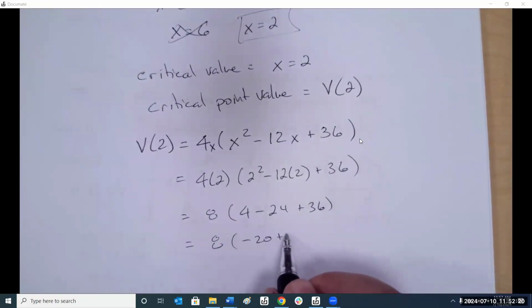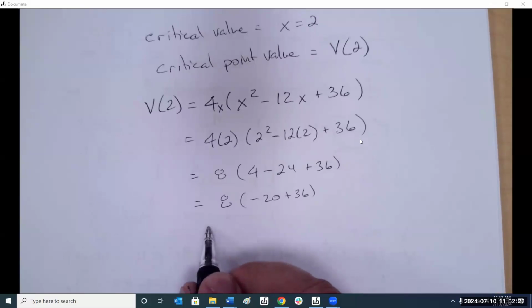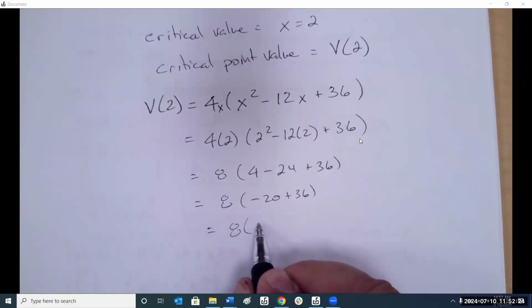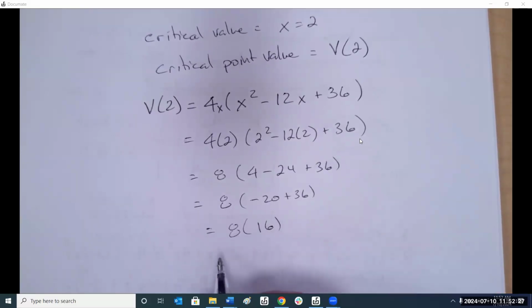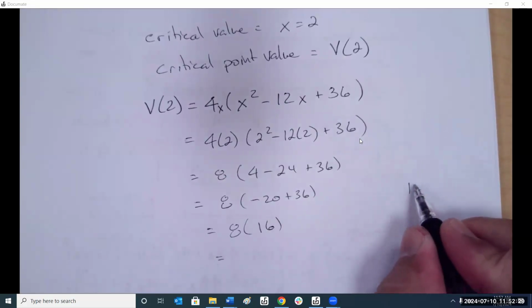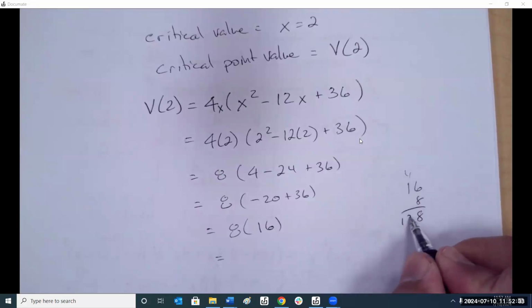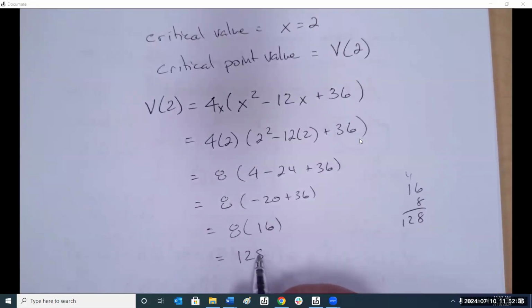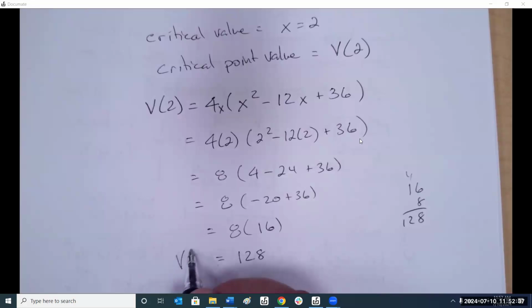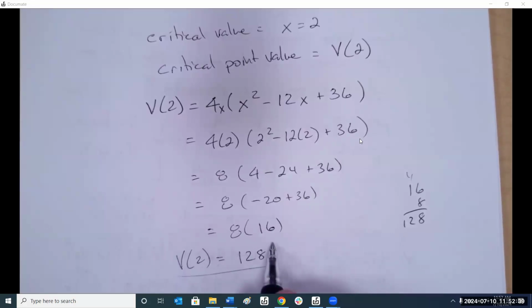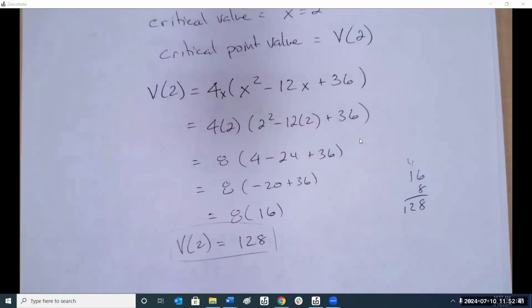Negative 20 plus 36 is 16. So it's 8 times 16. So the maximum volume will equal 128.